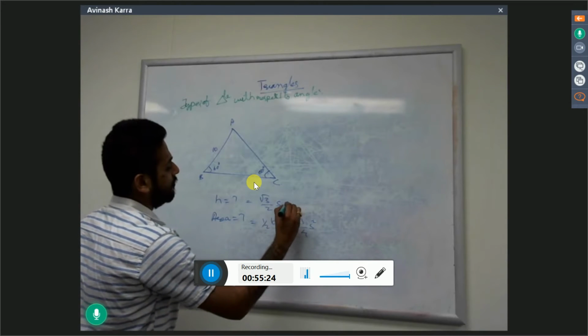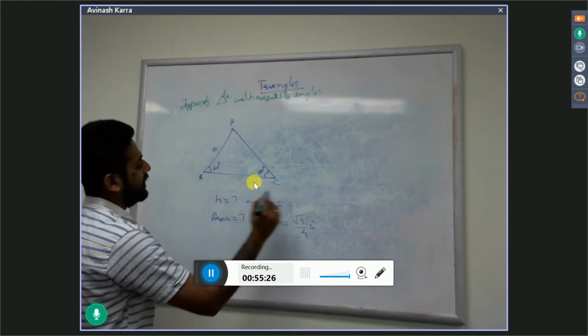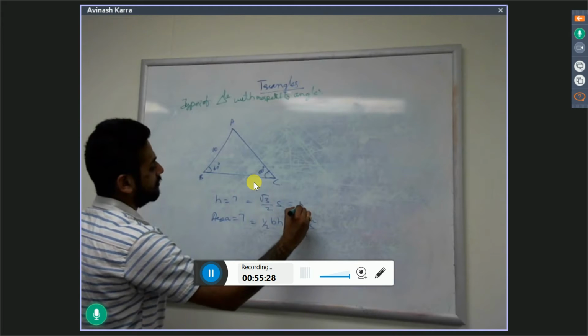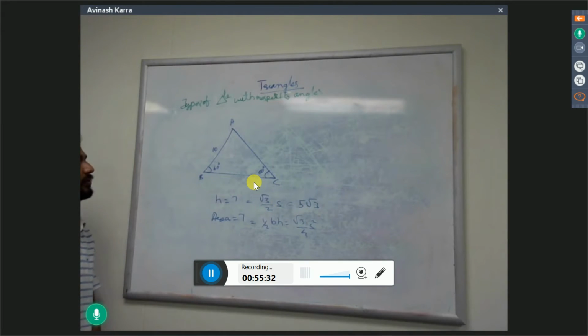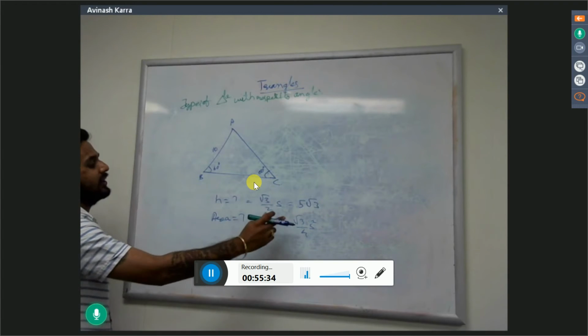So what will be the answer? What will be the height, before going there?